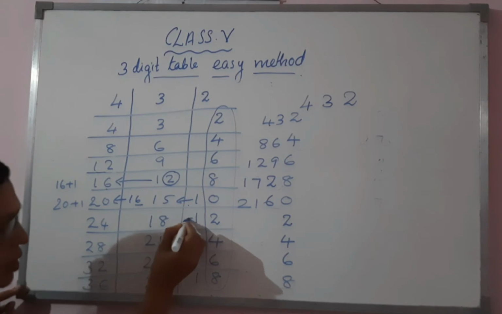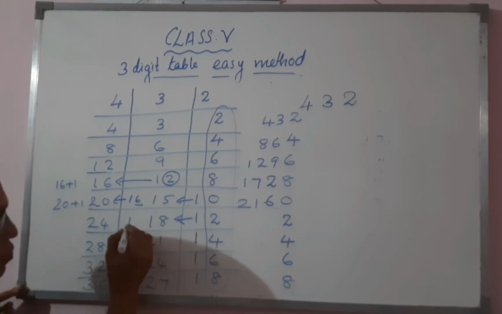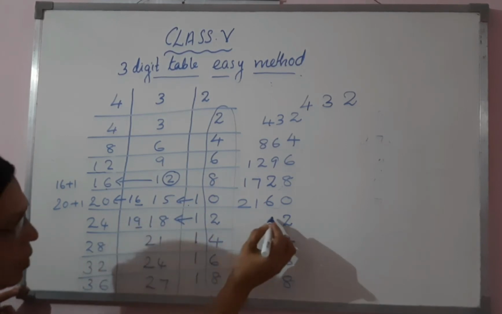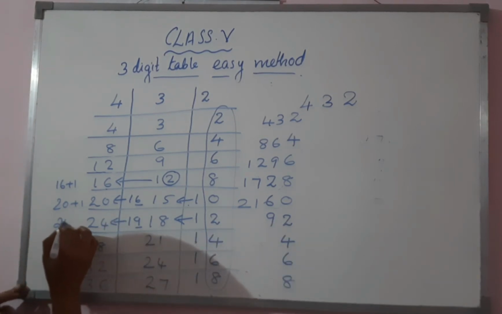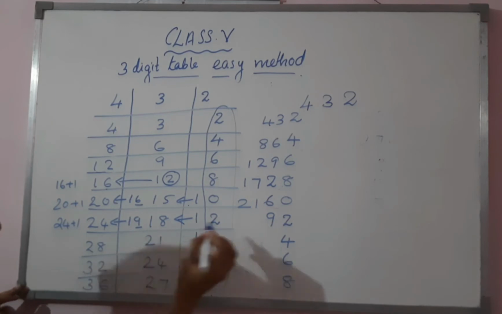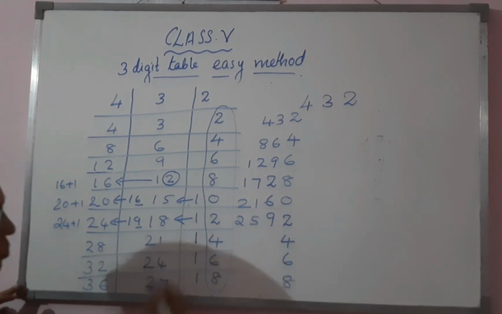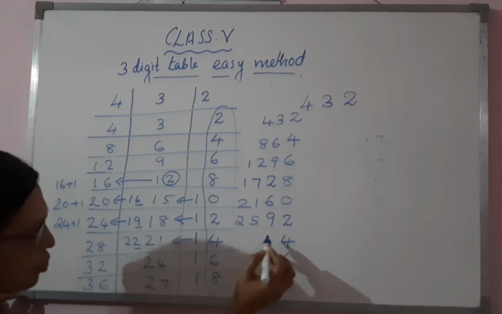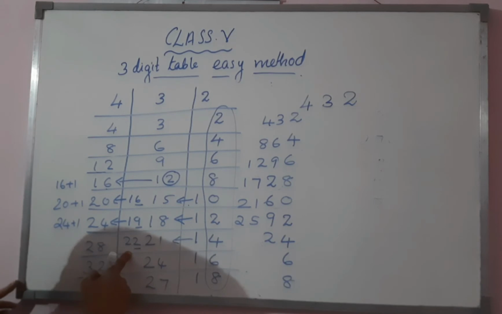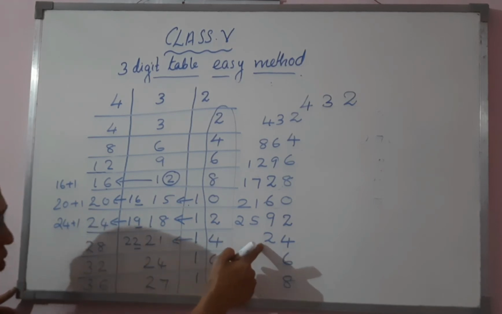Now here you see this one carry here, 18 plus 1, what? 19. This 9 I am writing here and 24 plus 1, what? 25. That is 25. Very easy. Now this one carry here, 21 plus 1, 22. This 2 you should write here. But the result you are getting, that number's unit place you should write here.